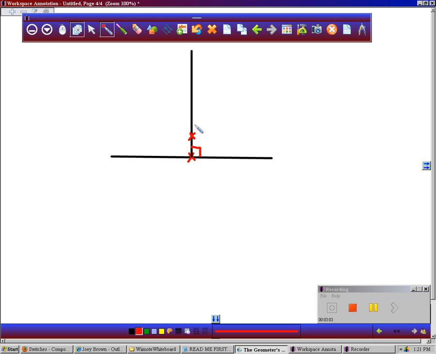Now any point that is on that line will also be equidistant from the two endpoints. So from there to there and there to there has to be exactly the same. Therefore that is an isosceles triangle, and that would mean that these become the bases.